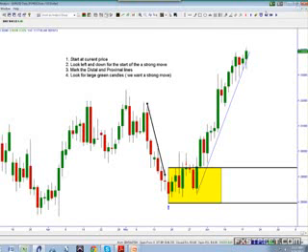Demand zones work because if you imagine there was an institution with large buy orders, maybe they have a whole bunch of buy orders just sitting here. They want to buy at this price level, 129. There's a whole bunch of those orders. Remember, this is built up demand, lots of demand. But if there's no supply here, all these orders that are pending, are they going to be able to get completely filled?